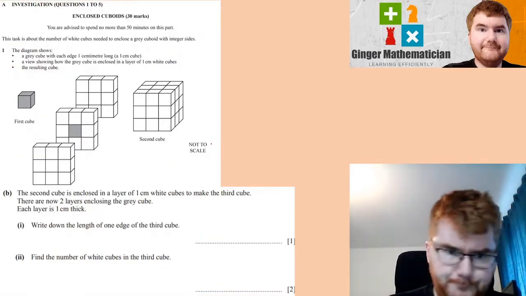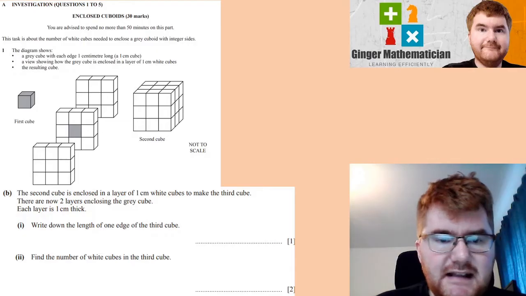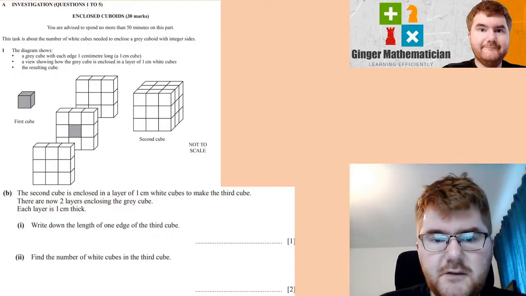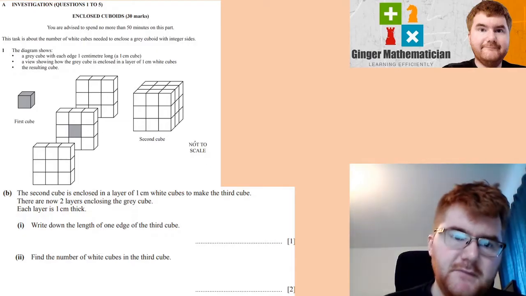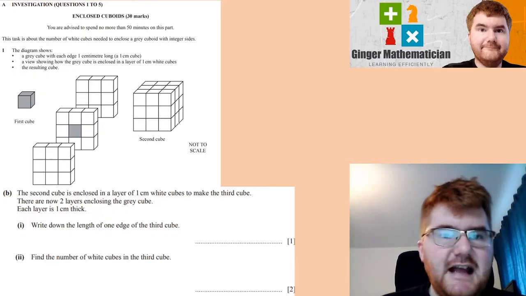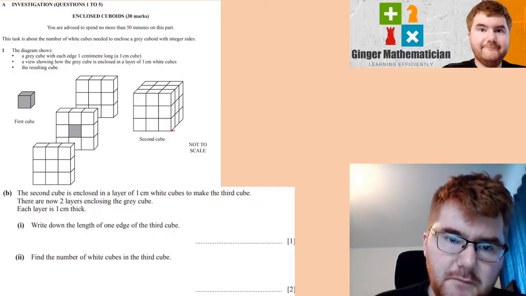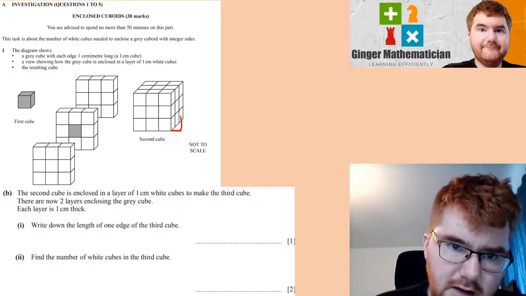So if you imagine this cube here, there are 26 white cubes, and then there's one grey cube right in the middle. Now we go on to the second cube, which is enclosed in a layer of 1 centimetre white cubes to make the third cube. So imagine you've got this second cube here, and we add on an extra layer of white cubes. For example here, we're going to add on an extra cube.